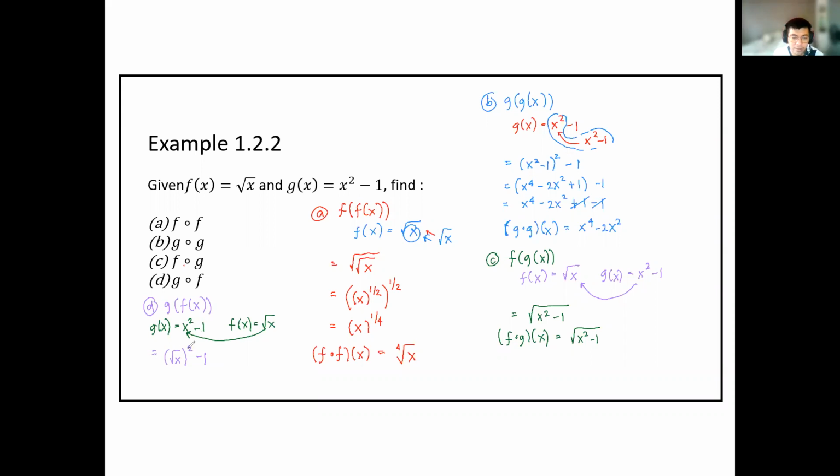Square root squared, so it cancels the square root. So the final answer would be g of f of x, and again, it cancels the square root, is equal to x minus 1.